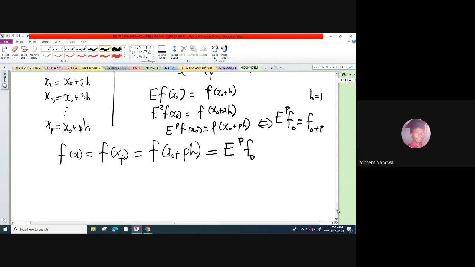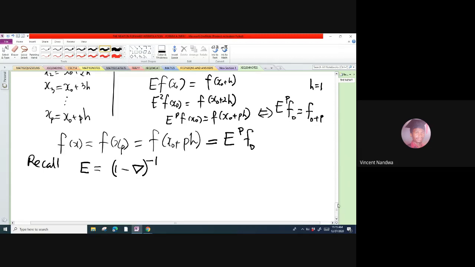So then we also remember, I recall, that the relationship between the shift operator and the backward difference operator is given by this. This is the relationship between the shift operator and the backward difference operator.